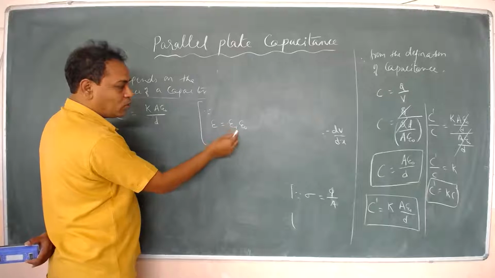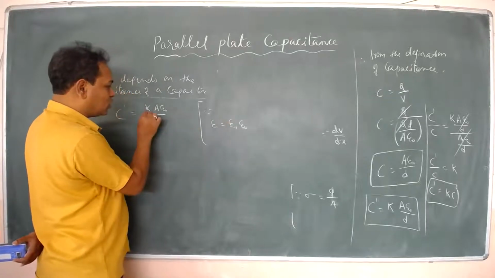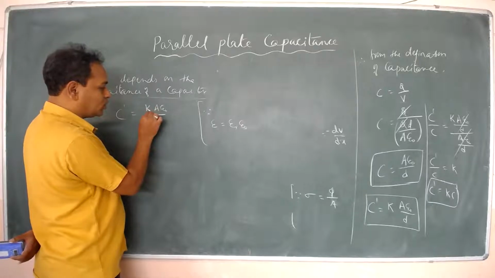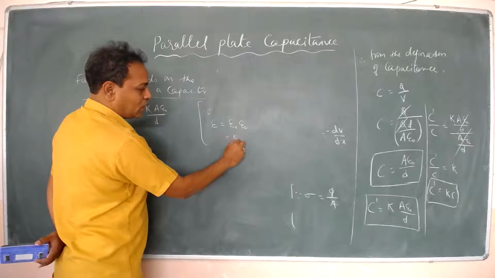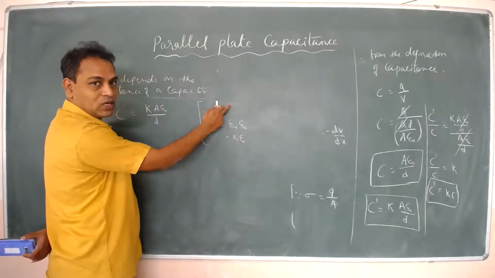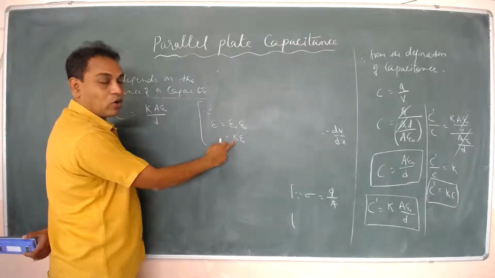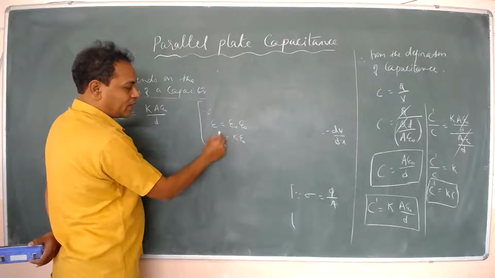In some books they will give it as epsilon R, or in some books they will represent it with the letter K. That means I can also say this as K into epsilon naught. Both are the same. This is called relative permittivity, which is also equal to the dielectric constant. Both are equal. So here, instead of these two, I can write this one.